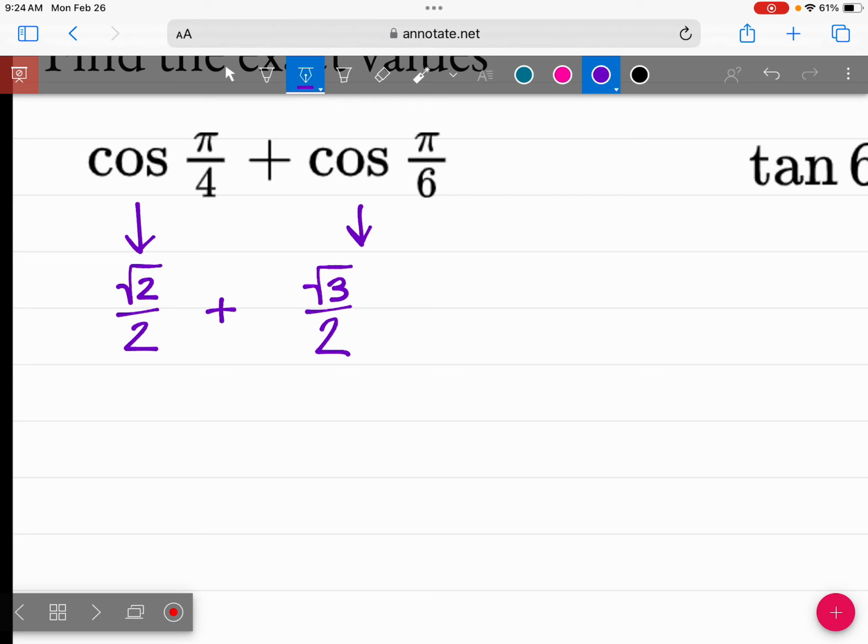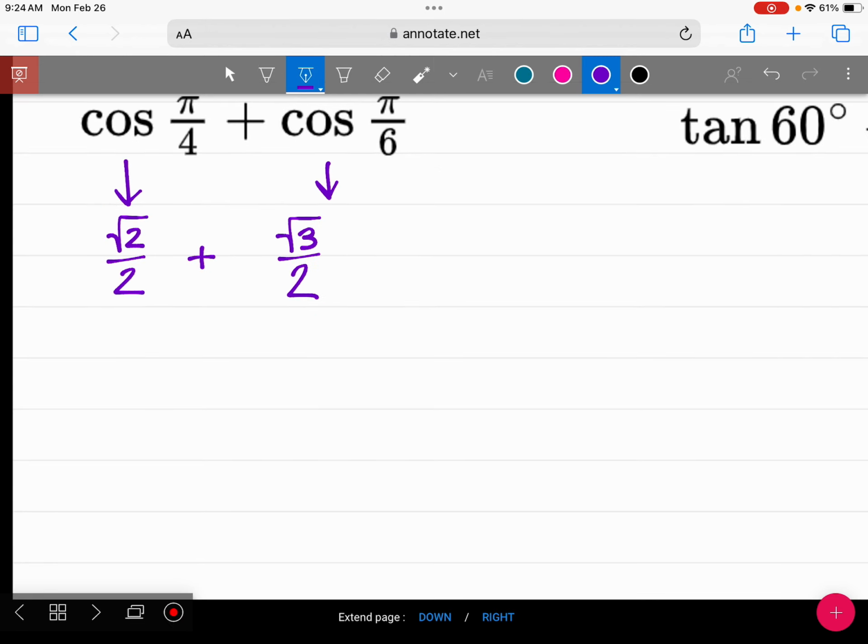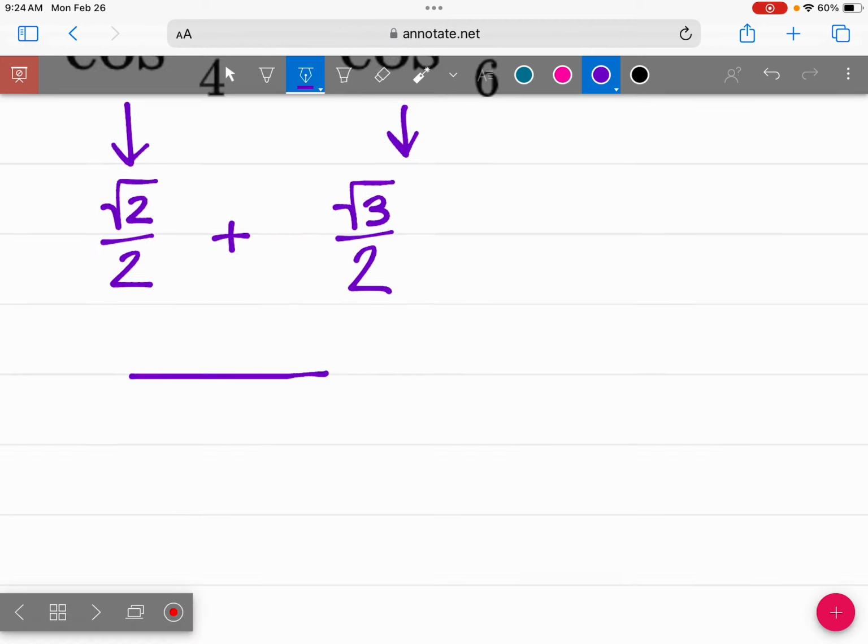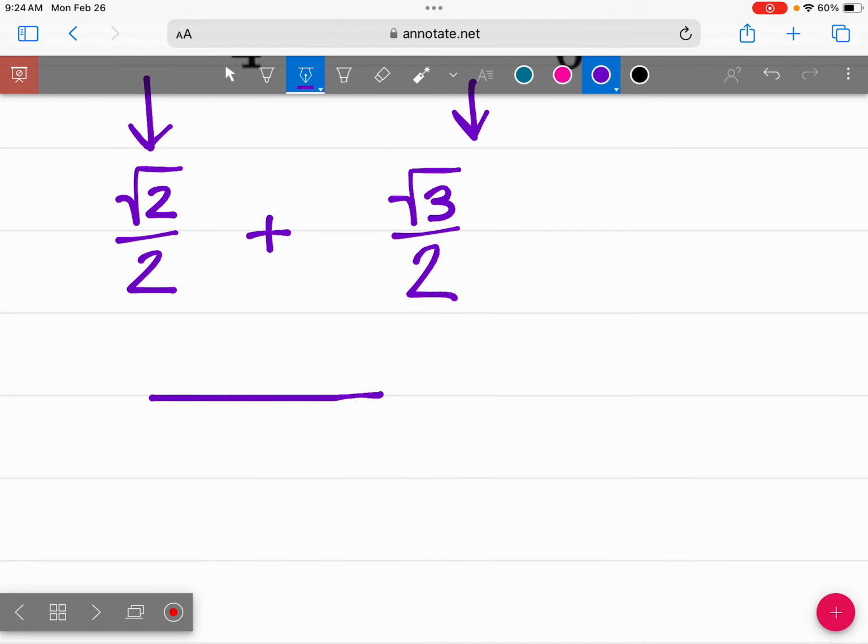If we are adding fractions, can I add those radicals together, like under the radical sign? No. If we were multiplying them, we could do that, but not adding. Square root of 2 and square root of 3 can't combine together, but I can put them in one fraction.